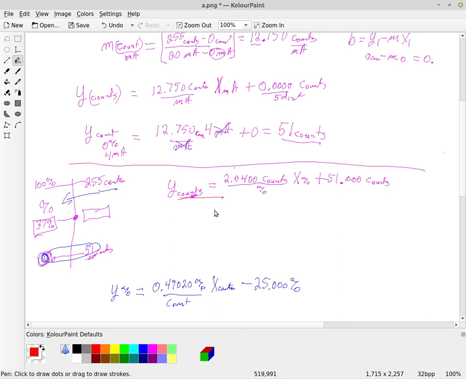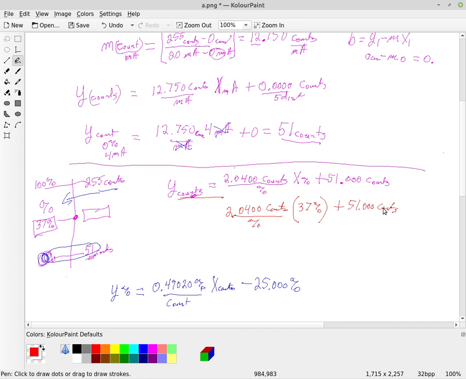So we would take the 2.0400 counts divided by a unit of percent, and we're going to multiply that times the 37%. And then we're going to add on the 51 more counts. Okay, and that'll tell us the value that's actually in our analog to digital converter.